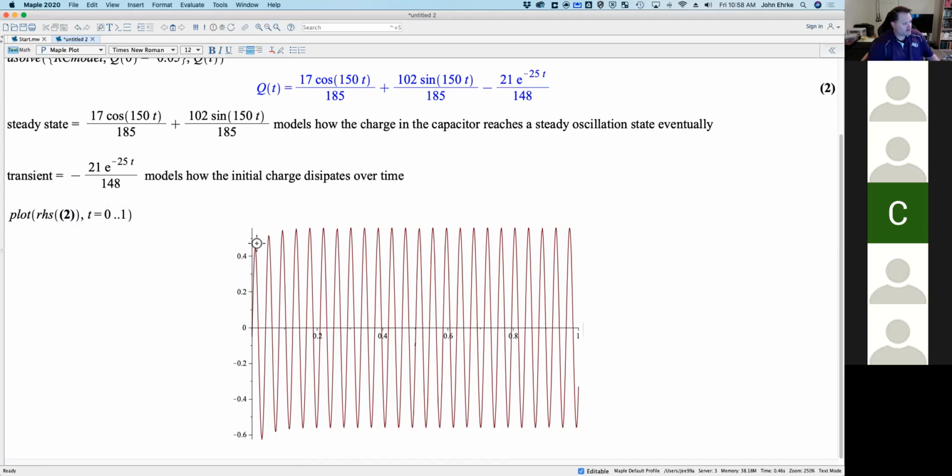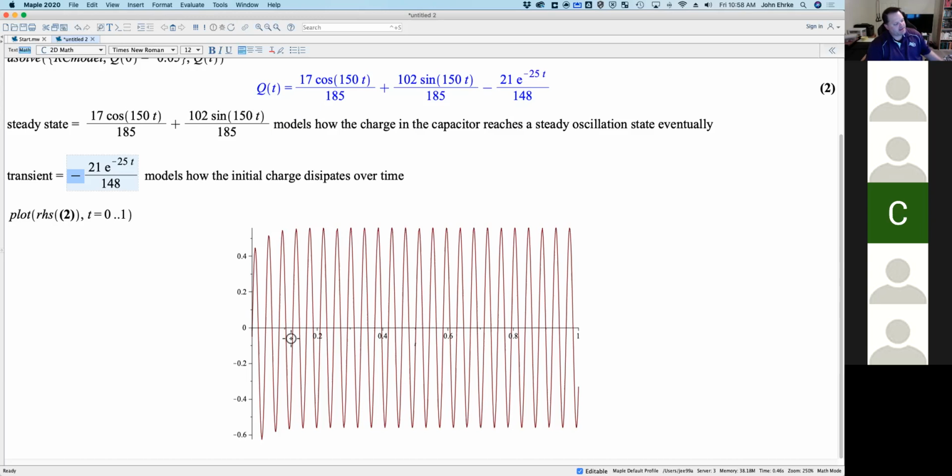You see the negative exponential here, so it's decayed and turned up. This thing eventually dissipates, so the charge is allowed to resume to a higher level, and then at some point it just settles into a steady state.